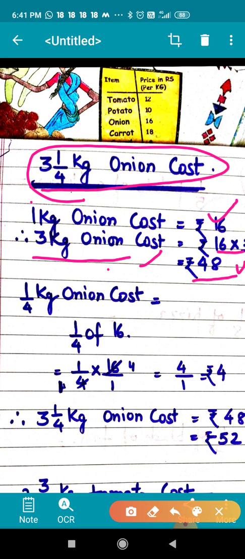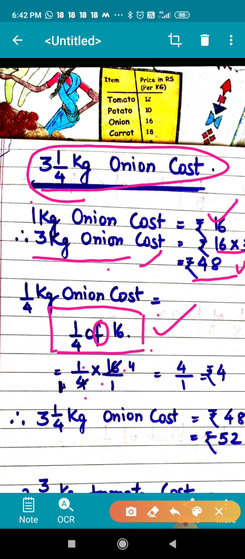Now we will calculate 1 by 4 kg onion cost. 1 by 4 kg onion cost will be 1 by 4 of 16. Children, you know how to solve it. In place of 'of' you will put a multiplication sign, and after that numerator and denominator will be reduced by the same number.